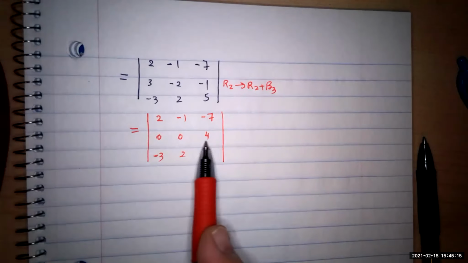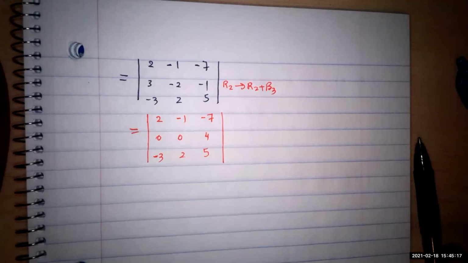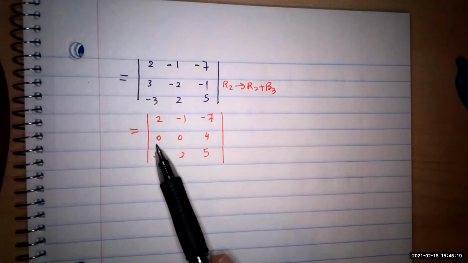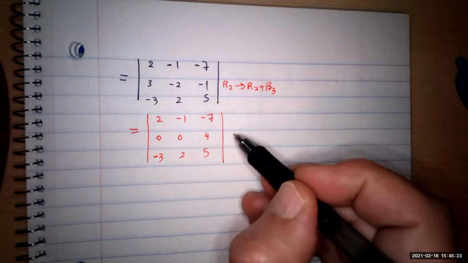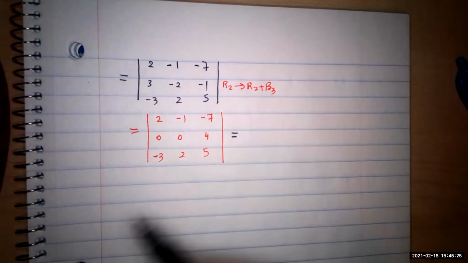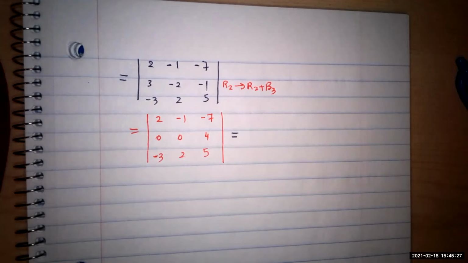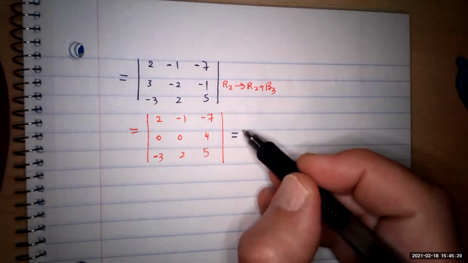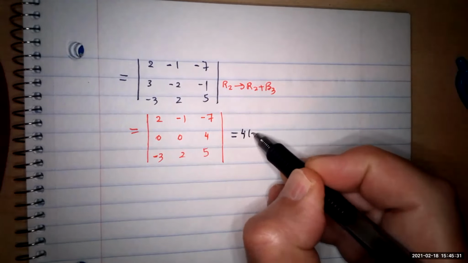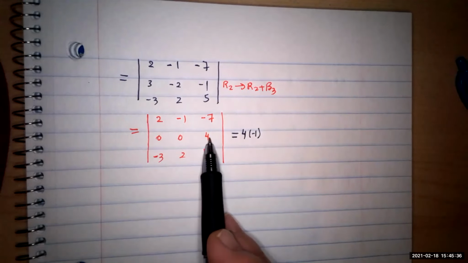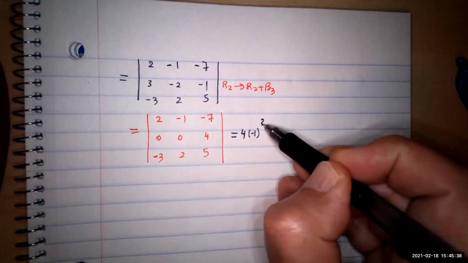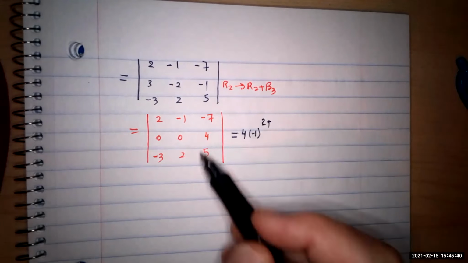This row contains more zeros, so find the determinant by expanding along this row. Your determinant would be equal to what? It is equal to the 4, and the sign is negative 2, because you are on the second row, plus the column, third column.